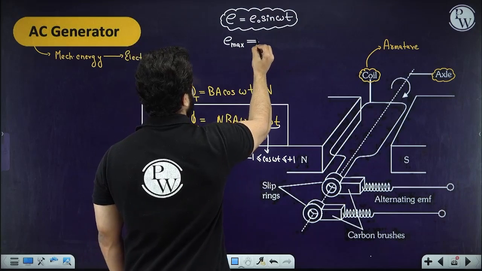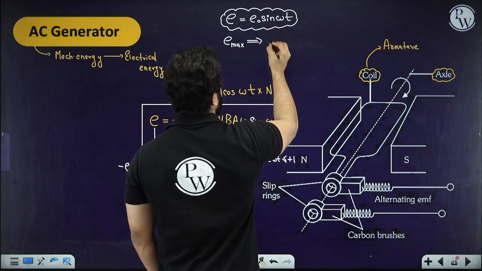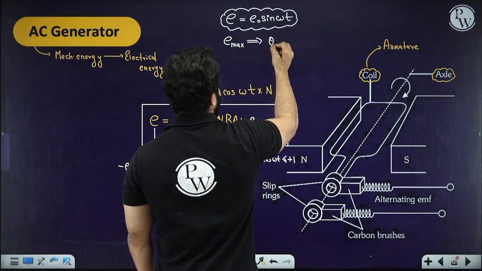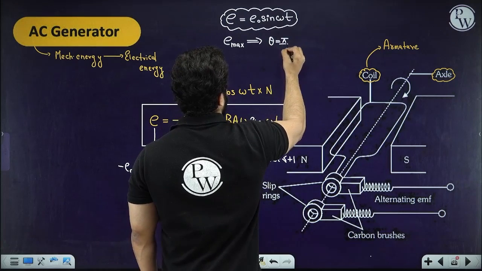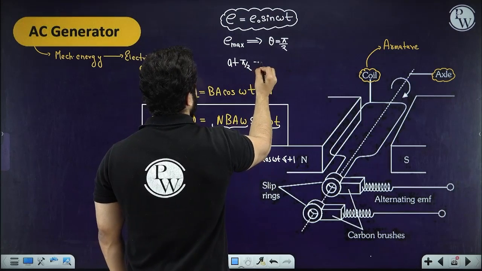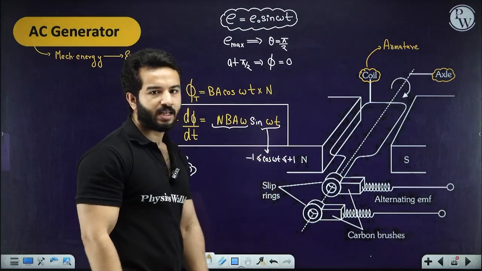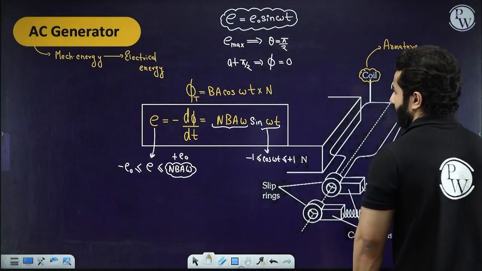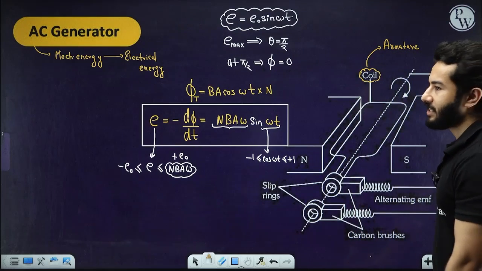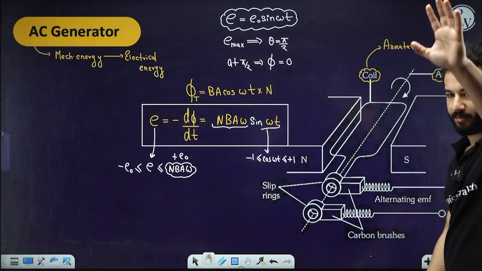We have maximum EMF, at least for this particular equation, when theta is pi by 2, and at pi by 2 flux is actually 0. So there is nothing to worry about in the AC generator. This is going to be the main thing. From here we are going to start our alternating current chapter, right?